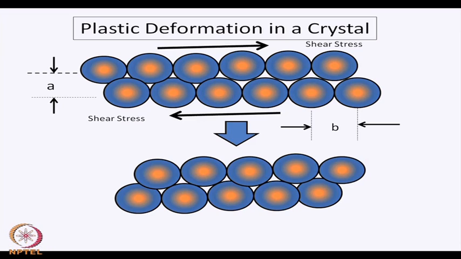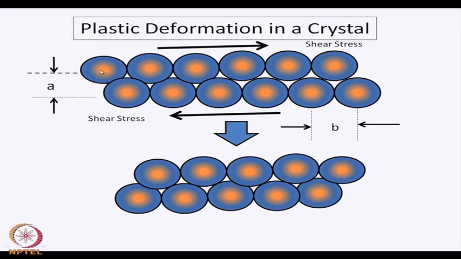So, we are trying to slide the upper layer of atoms over the lower, bottom layer of atoms. And the distances here are some kind of interatomic spacings. On this side is A and this side is B. So, once it is trying to deform, you are applying stress.